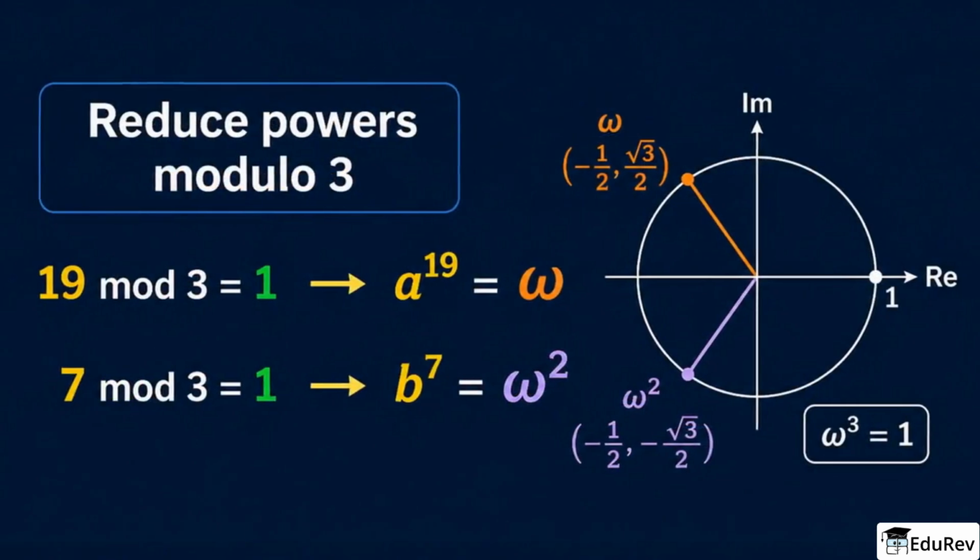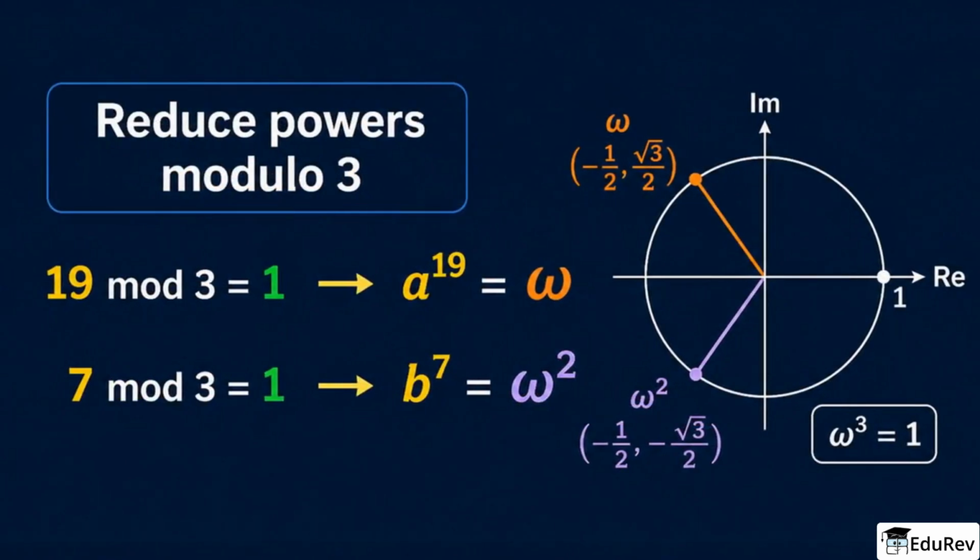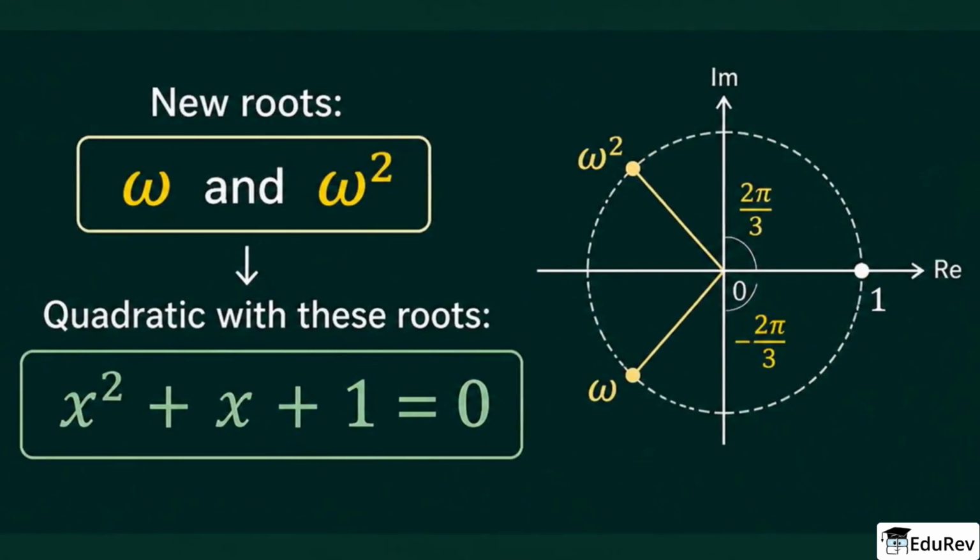Reduce exponents modulo 3. 19 mod 3 is 1, so a to the power 19 equals omega, and 7 mod 3 is 1, so b to the power 7 equals omega squared. So the new roots are again omega and omega squared, and the quadratic with these roots is x squared plus x plus 1 equals 0.